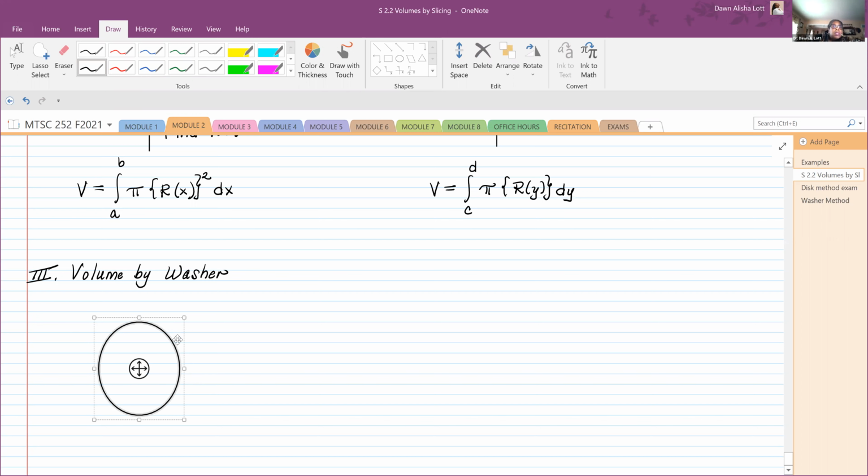Let me make it look more like a circle. And then there's another circle inside of it. Kind of like a donut. All right, so this is a washer.